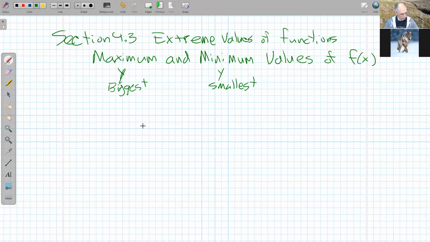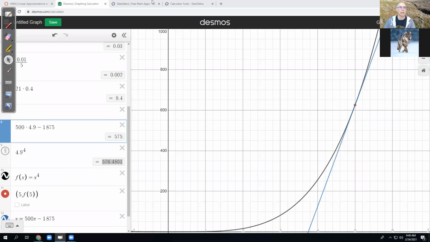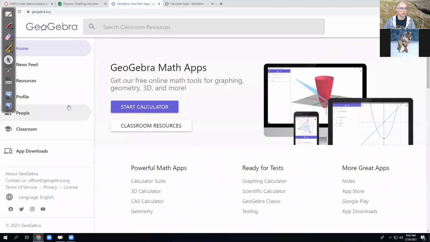A particular function I wanted to look at, a few actually. I don't have time for one or two today. Let's go to a new GeoGebra screen.